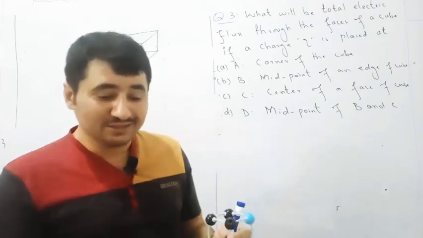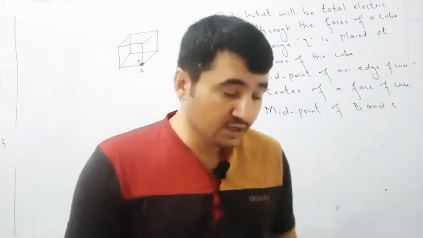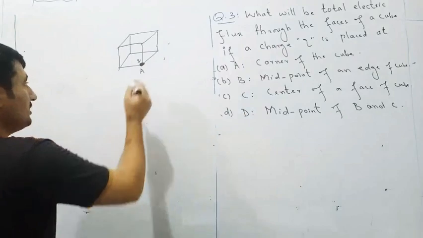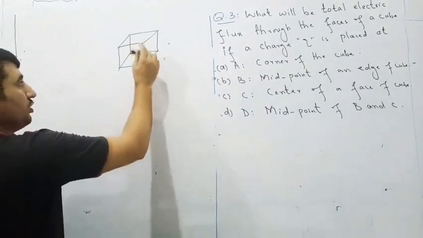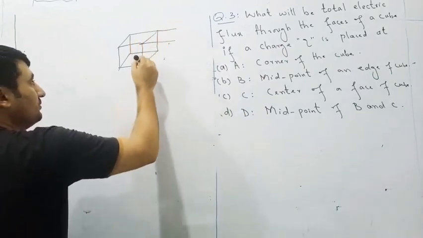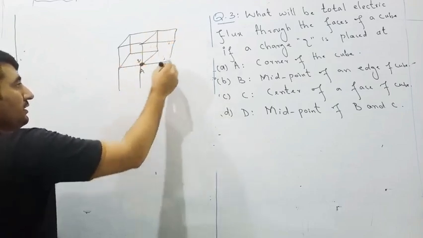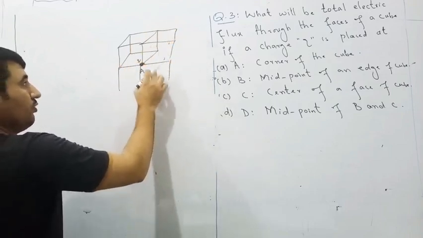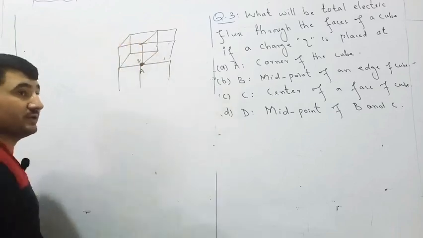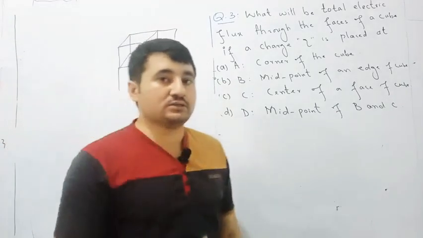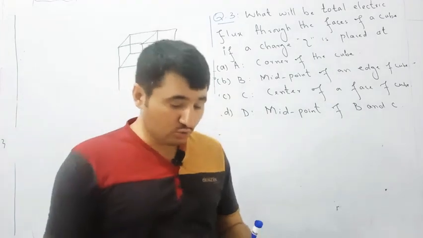So you need 8 further cubes in order to enclose this charge. For example, this is at the corner. You need another cube here, clear. This is 1, another here, another. So 4 and 4 at the front faces. So you need 8 further cubes in order to enclose this charge.